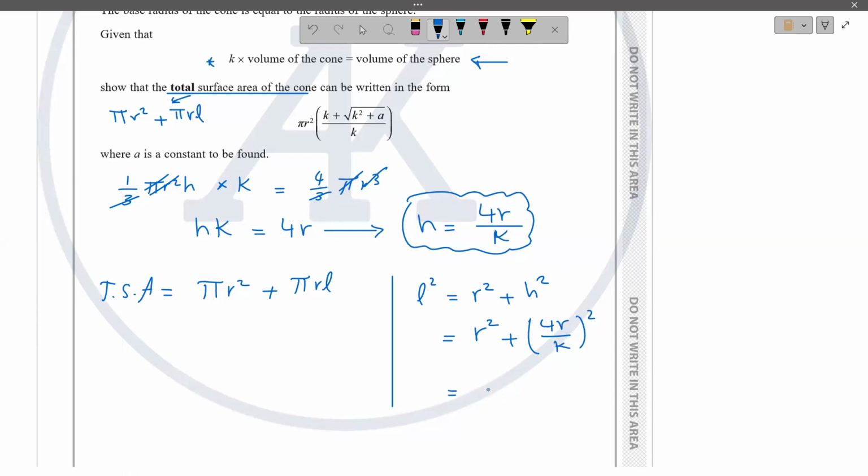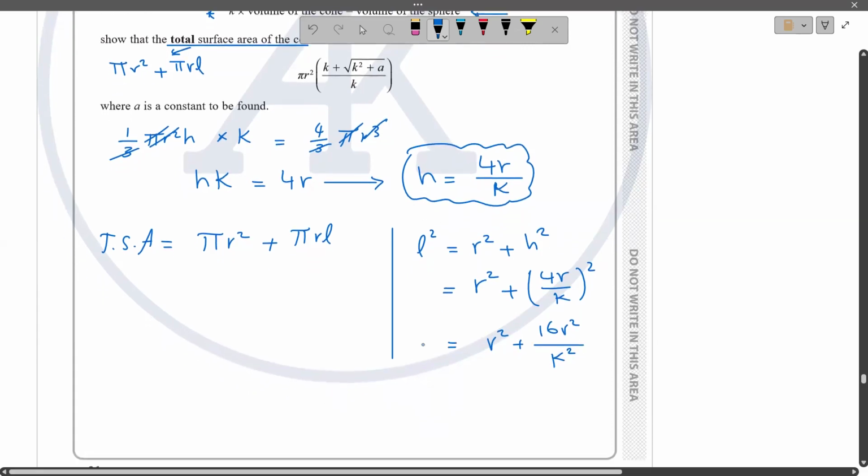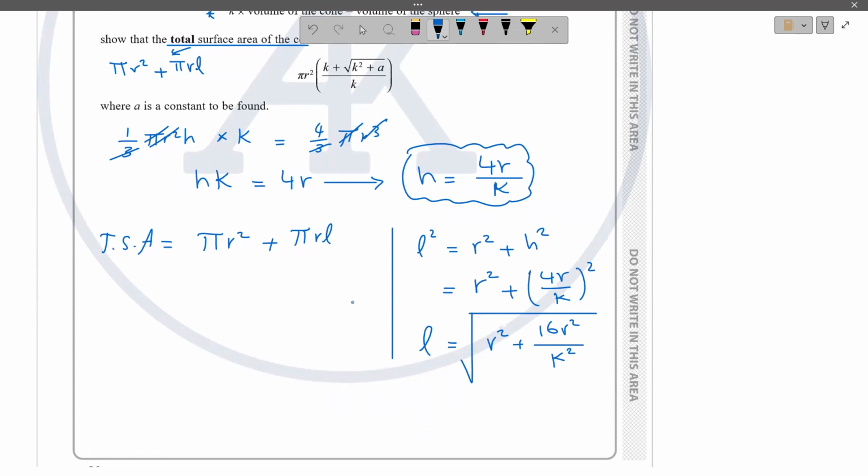So it equals r squared plus 16r squared over k squared. And l is the square root of this. So let's substitute l with the root. It's pi r squared plus pi r times the square root of r squared plus 16r squared over k squared.